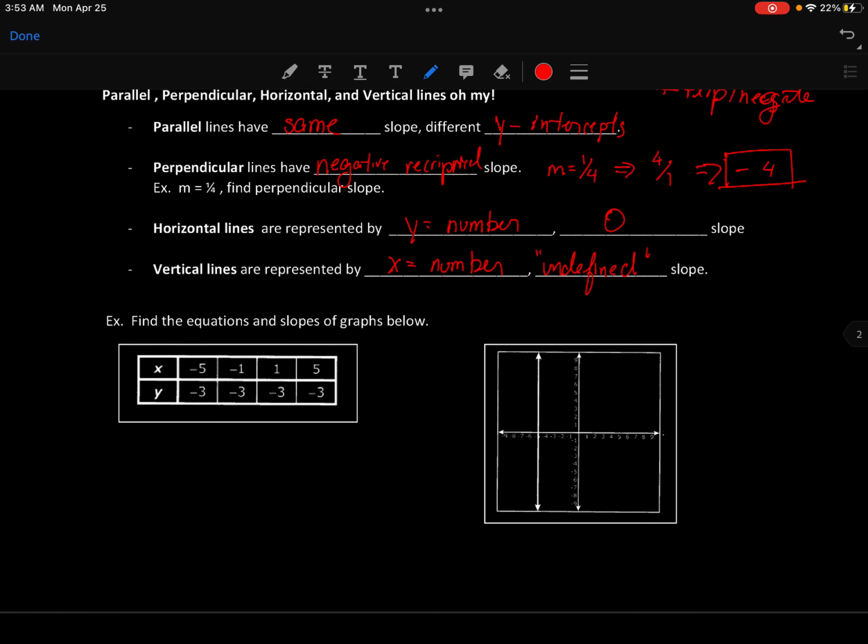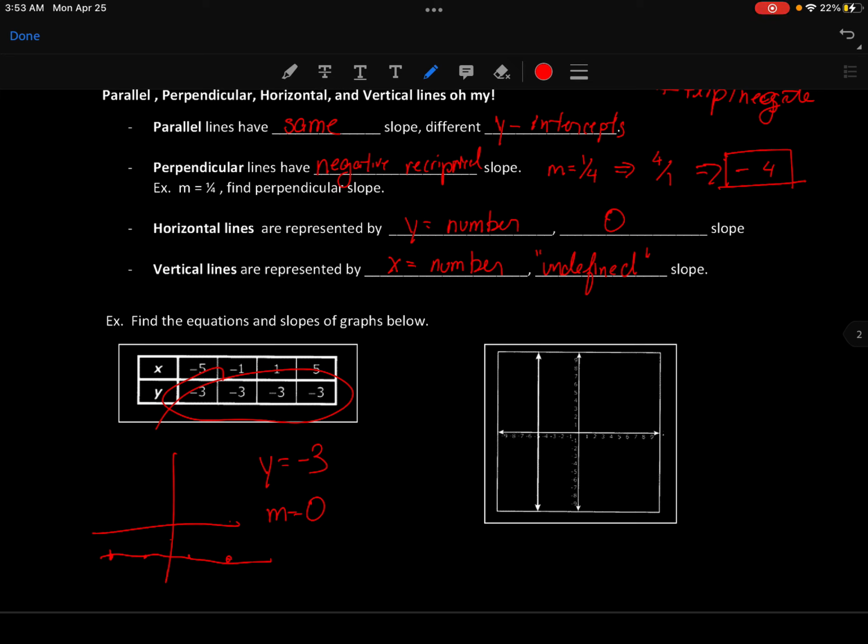Well, first, we notice that when the graph is at -5, it's at -3. -1, -3, 1, -3, 5, -3. When all the y values are the same, the equation is y is equal to -3. And the slope is 0.